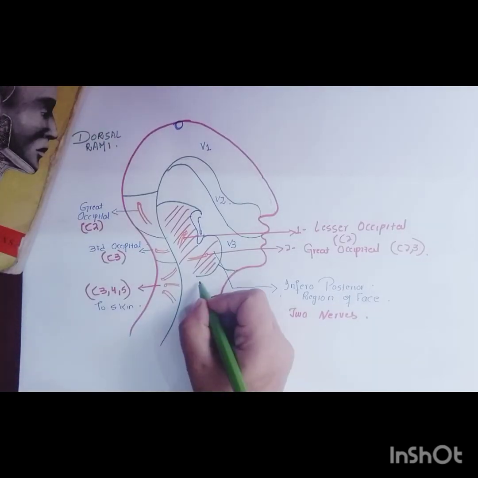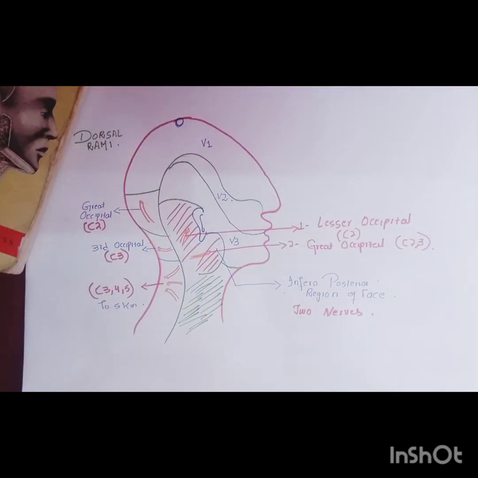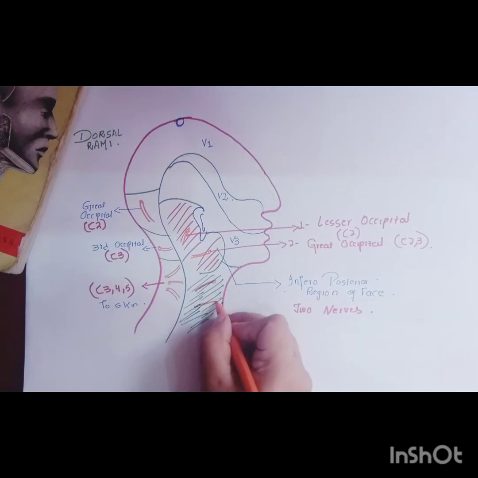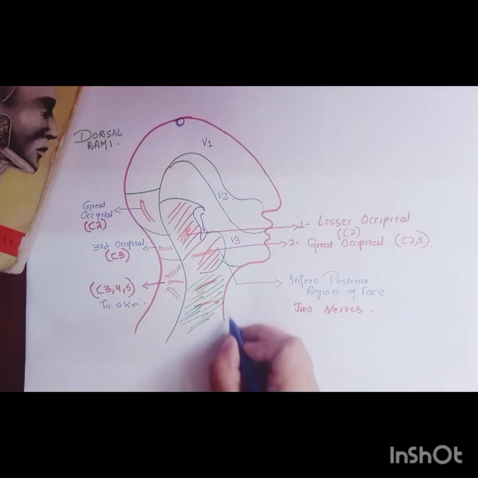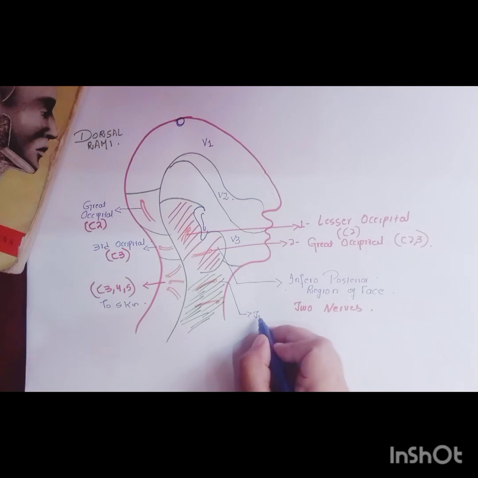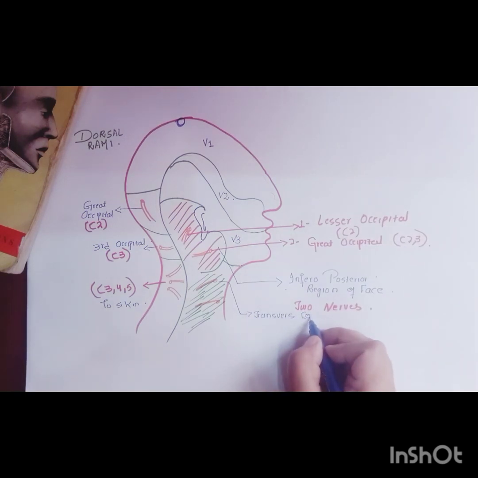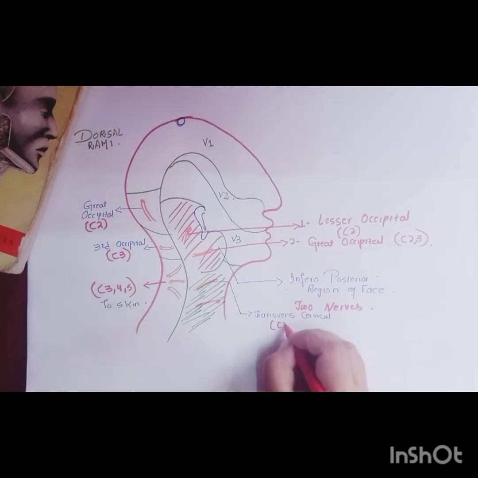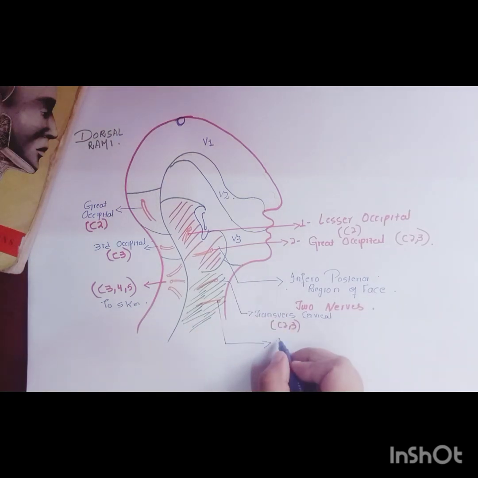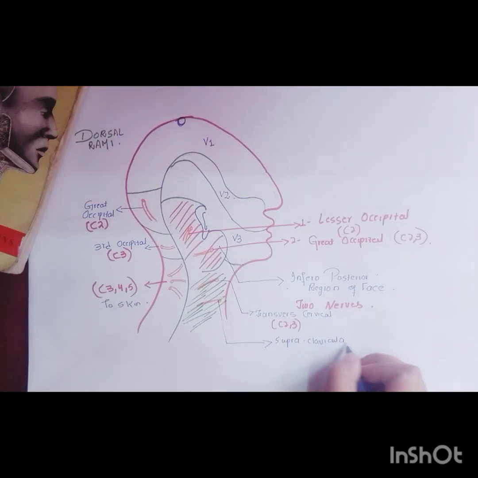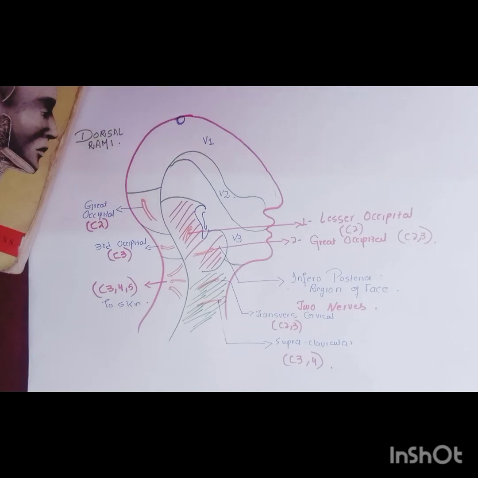And below this infra-posterior region of the mandible, this region is supplied by again two nerves. The first one is the transverse cervical nerve from C2 and 3, and below this is the supraclavicular region, supplied by the supraclavicular nerve from C3 and 4. Thank you.